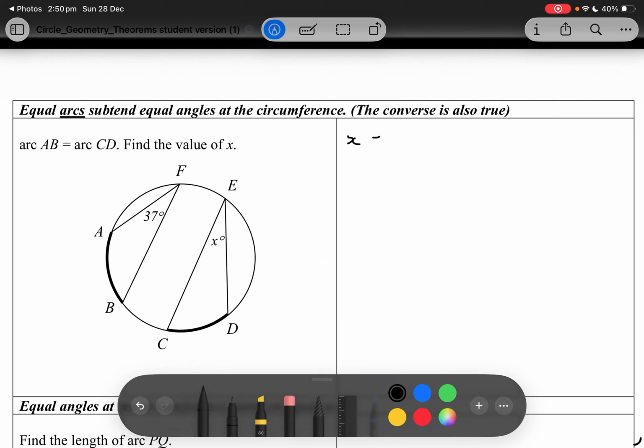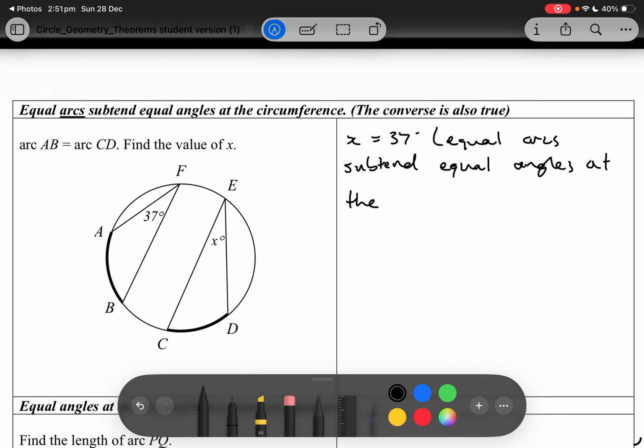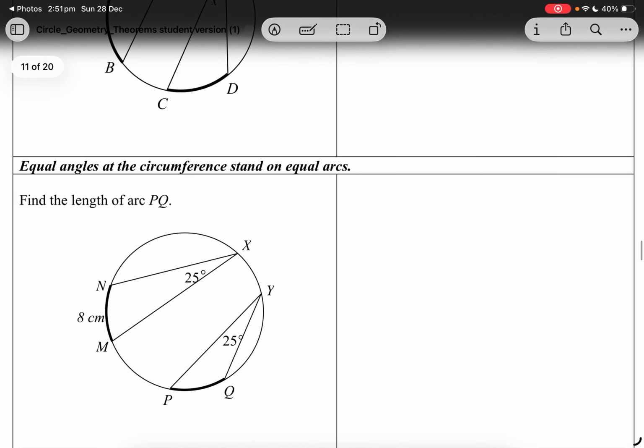So x equals 37 degrees. And we are saying that equal arcs subtend equal angles at the circumference. Cool. All right, moving on.